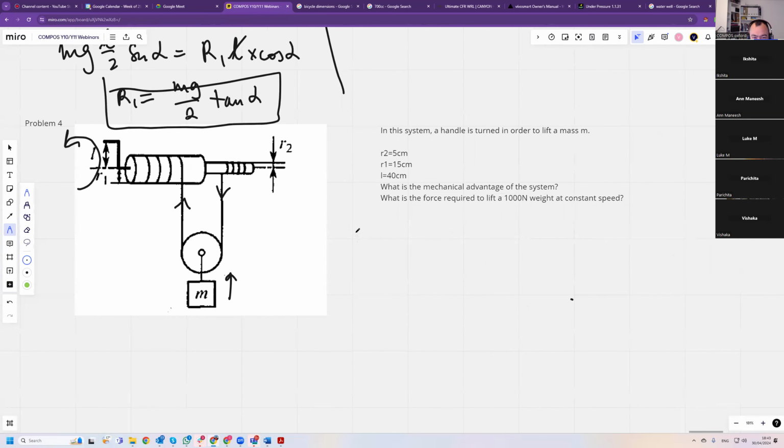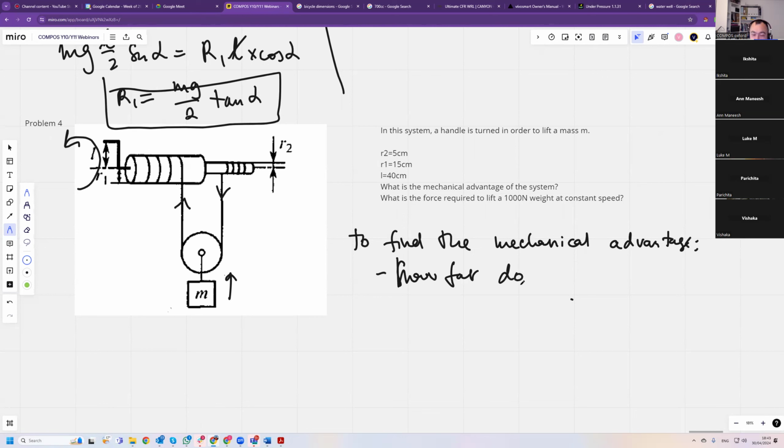So to find the mechanical advantage: how far does your hand move?